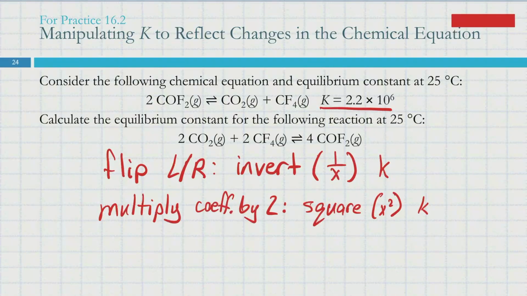So we're going to do both of those things. So our new K would be K raised to the minus 2 power, or 1 over K squared.